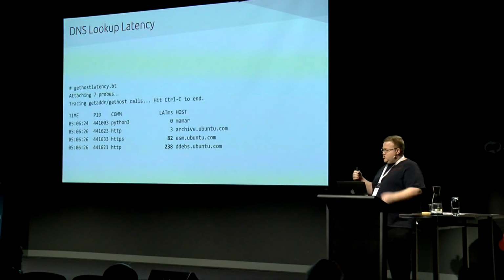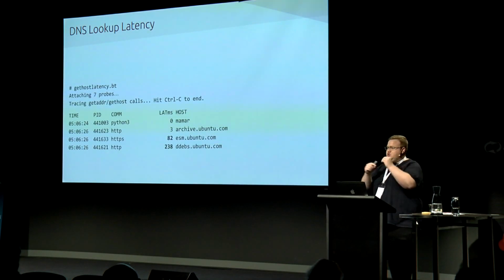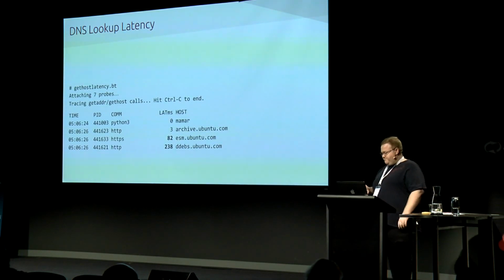Most of us in Australia would know that our latency is 10 times that, like 300 milliseconds for most things. And so if you make like 20 network calls or 20 DNS calls at 0.3 of a second each, that really adds up, and suddenly it takes 10 seconds to load your web page. So this is an example of a tool where we can see how many of those requests we made and how long they took.